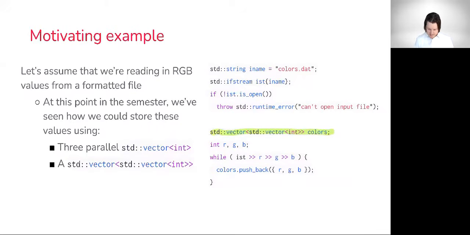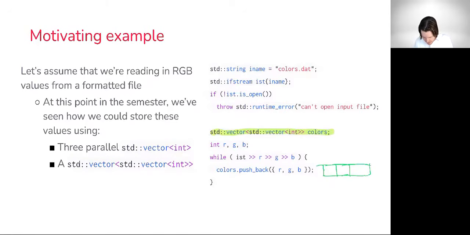So in this case, we would begin. The first read would essentially have our vector having one element at the 0th index, which would be a triplet of values.